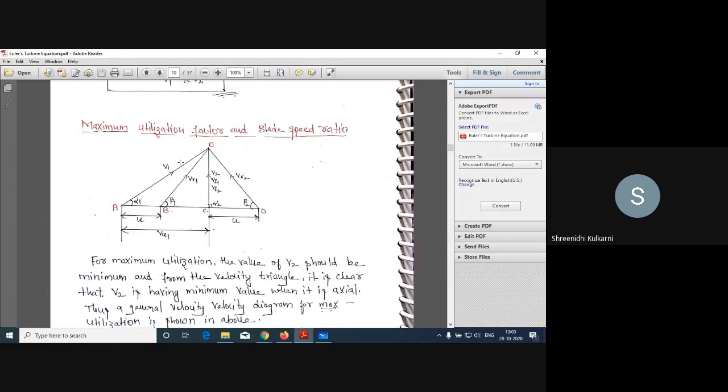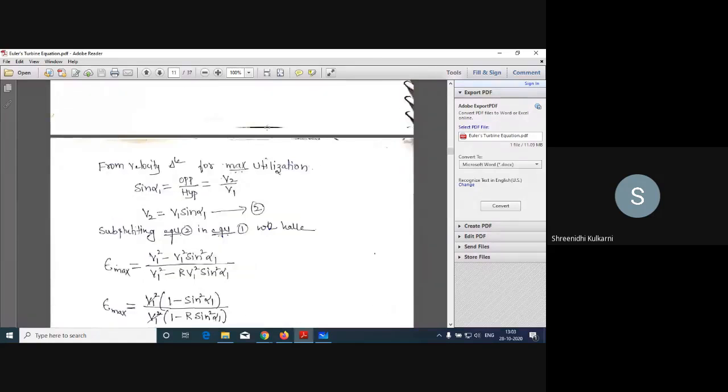Opposite is V2 and adjacent is V1, so sine alpha 1 is V2 by V1. Then V2 is V1 into sine alpha 1.